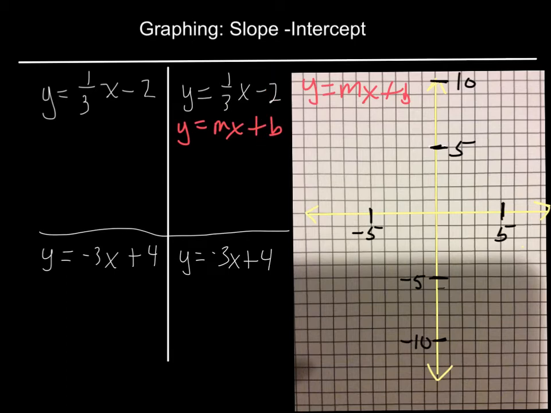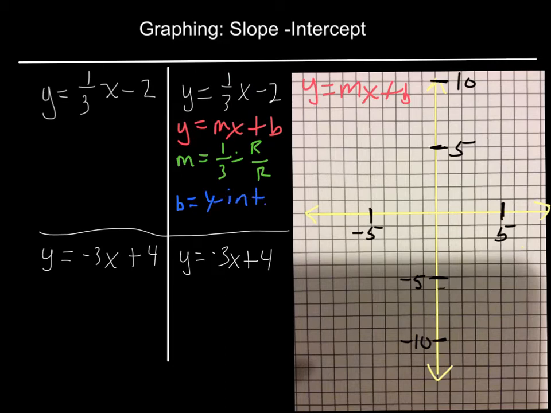So we already know what m is. M is the slope. M equals 1/3. And we should know by looking at it what this is. Since this is a positive slope, it's going to be a rise over run of a slope. What we don't know is what the b means. So b is the y-intercept.